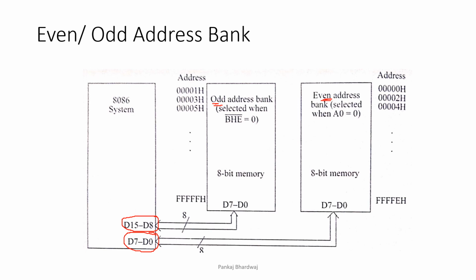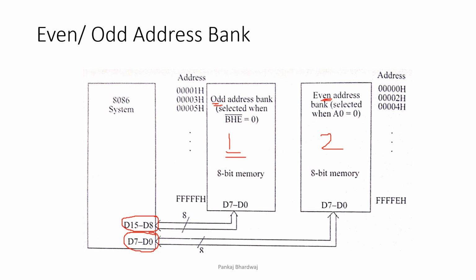So if the 16 bits of data start from an odd address and then even, for example at locations 1 and 2, this 1 must be the lower byte and 2 must be the higher byte.